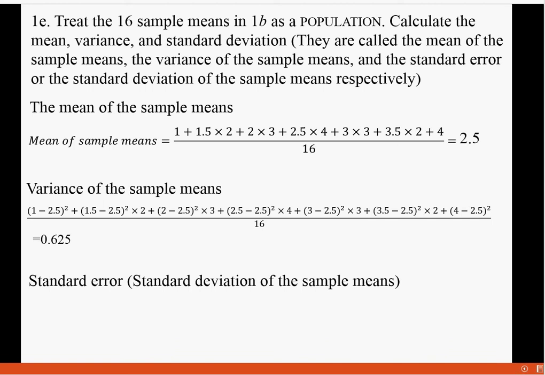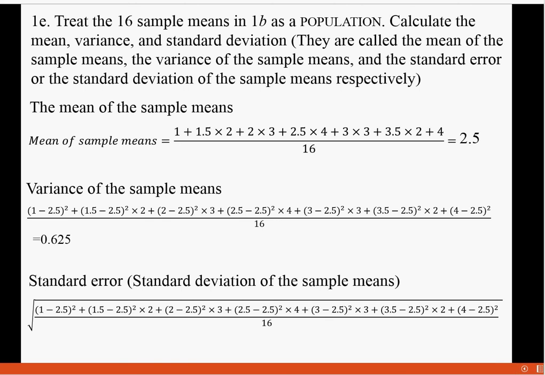We know the standard error or standard deviation is simply the square root of variance. So after you obtain the variance 0.625, you just find the square root of it, and that should give you a value of 0.79.